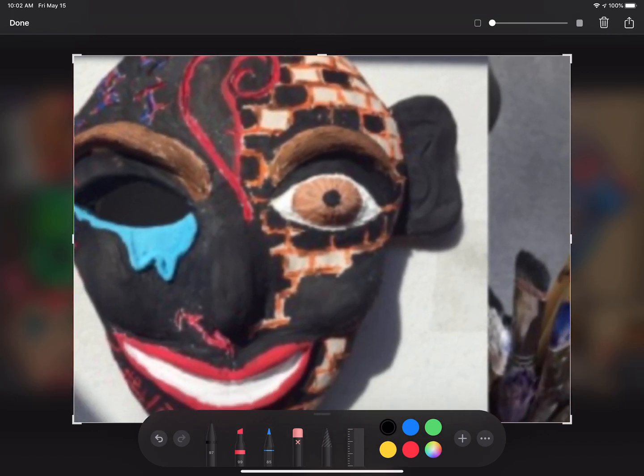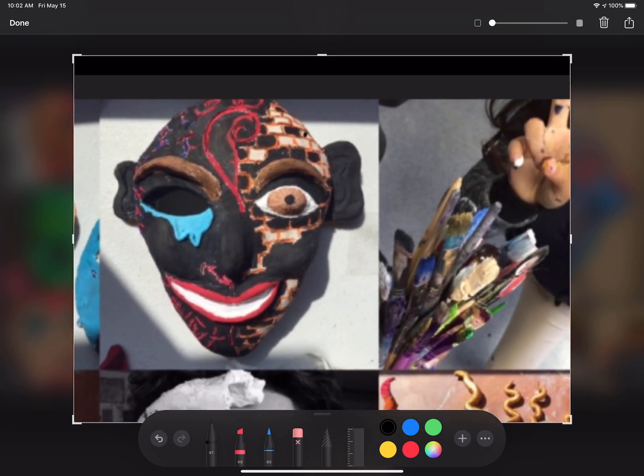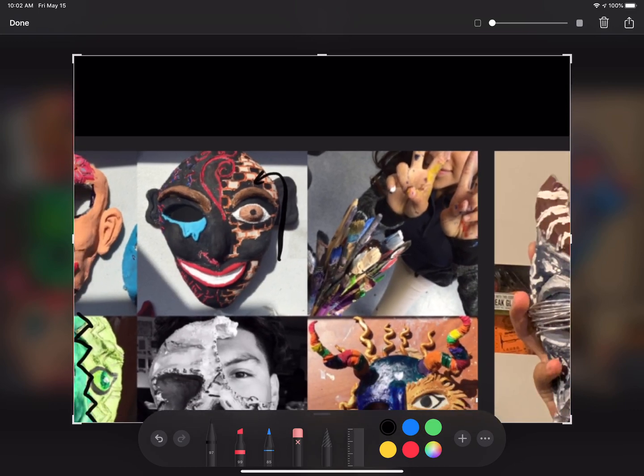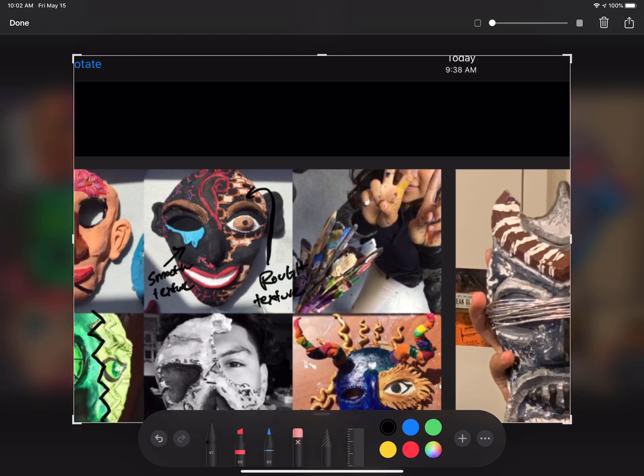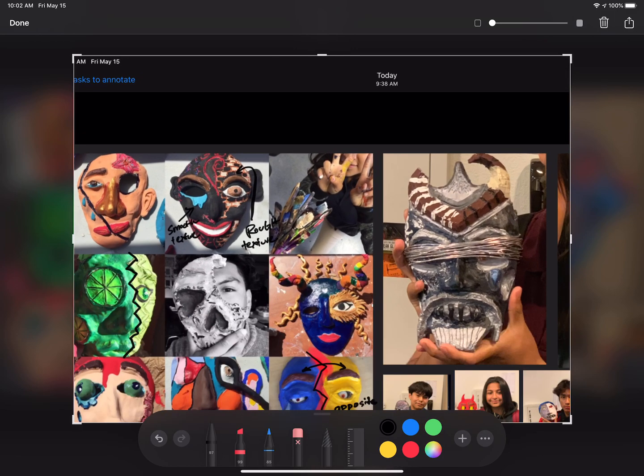More examples of visual opposition, right? We have two different kinds of textures. We have rough texture right here, and we have smooth texture. So those are opposites, right? One side's rough, one side is smooth.